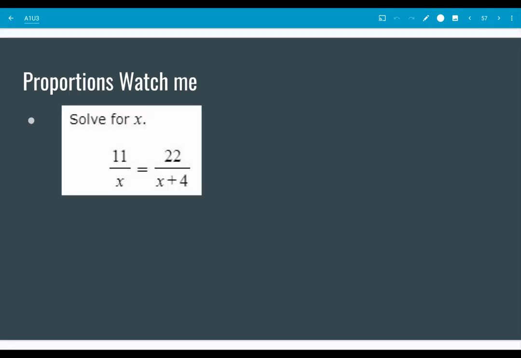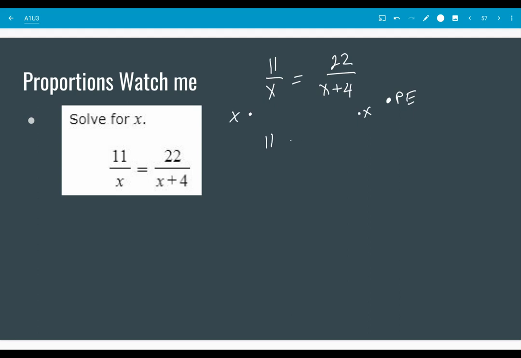Let's look at another one without word problems. So this one says 11 is to x as 22 is to x plus 4. So we've got fractions, so our first step is going to be to clear fractions. So I'm going to use the property of equality, multiply both sides by x.